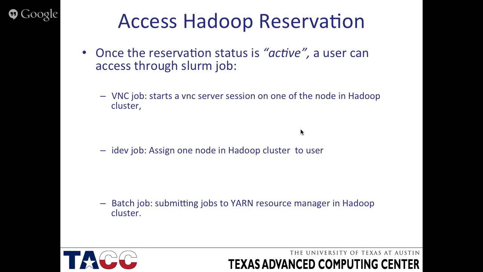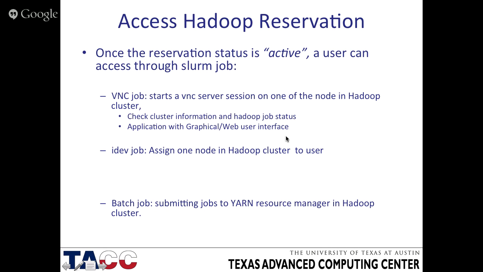There are 3 different ways you could access the Hadoop cluster once it's up and running. One is you can start a VNC job. We have sample scripts available for you to use. The biggest advantage of starting the VNC job is you can log on to one of the nodes with a GUI interface.